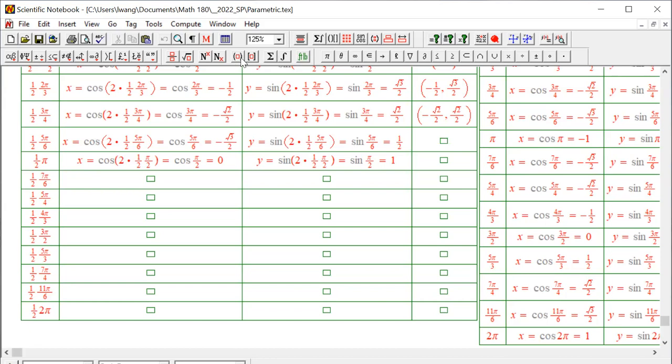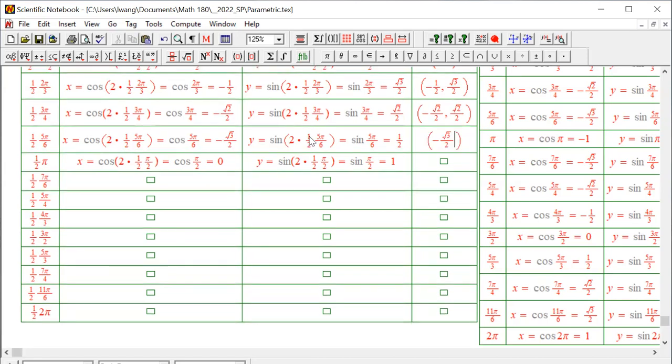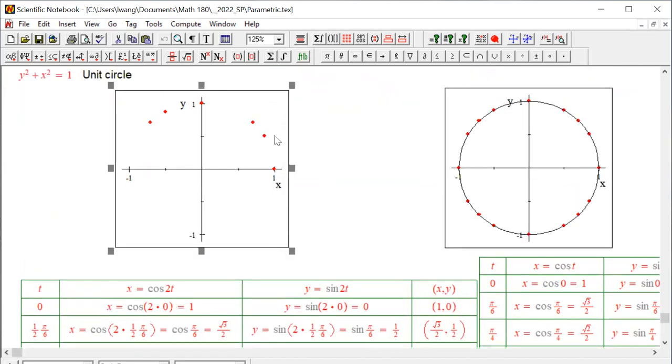So that point is going to be negative root 3 over 2 and half, and that point, of course, has a place on the unit circle.